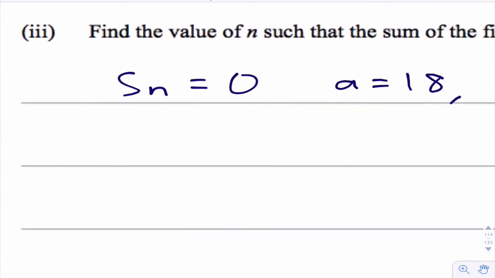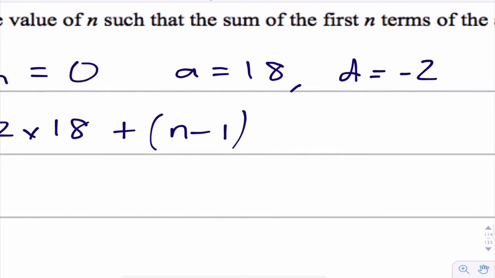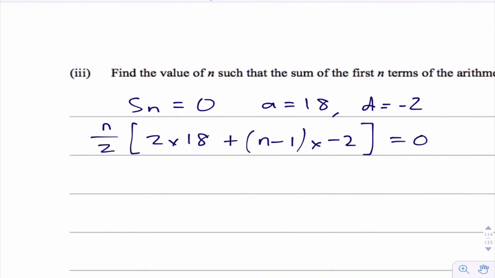So let's use the sum formula that says n over 2 times a plus n minus 1 times d, and we want that to be equal to 0. Okay, so that's just using the sum formula, and you can see that we're just trying to solve this to find what n is. So n over 2, we've got 36 minus 2n plus 2.